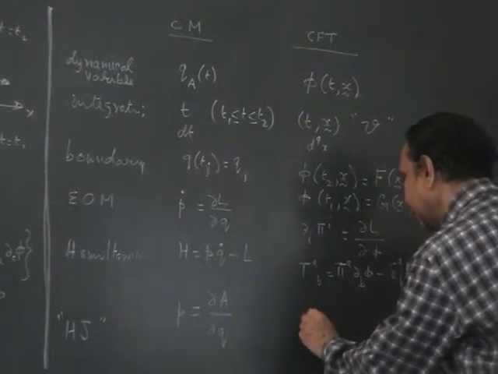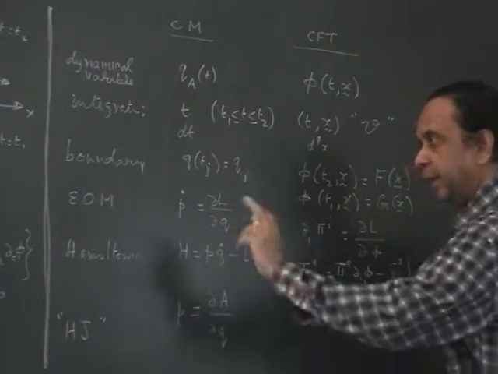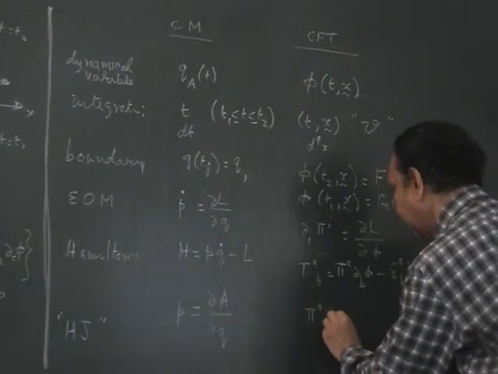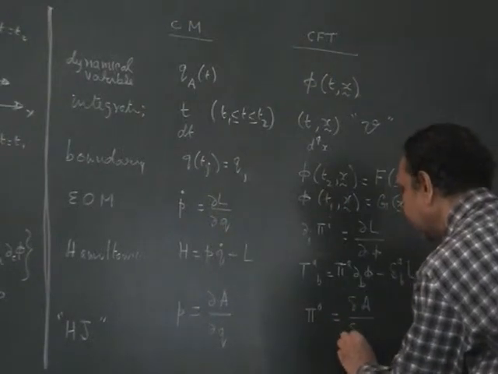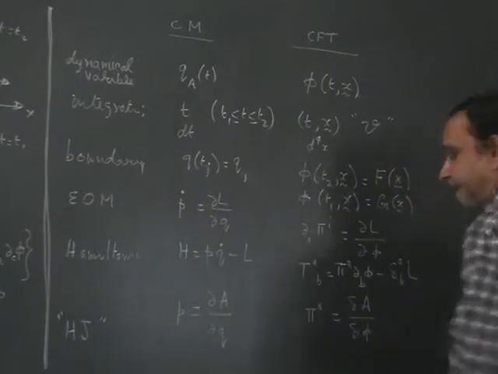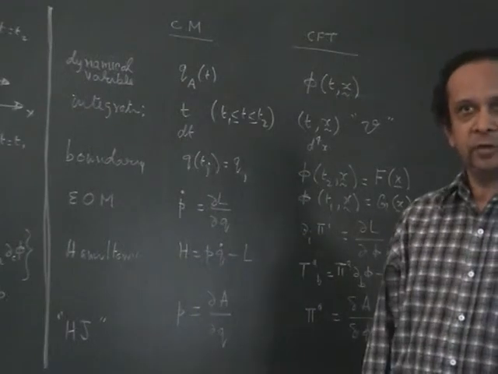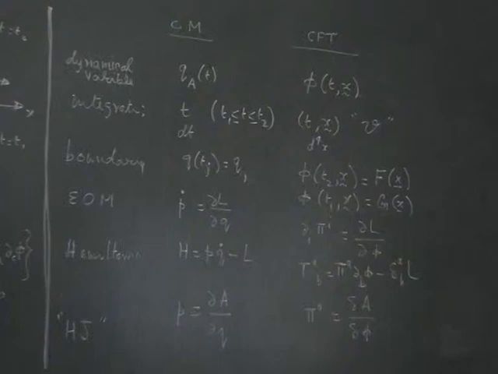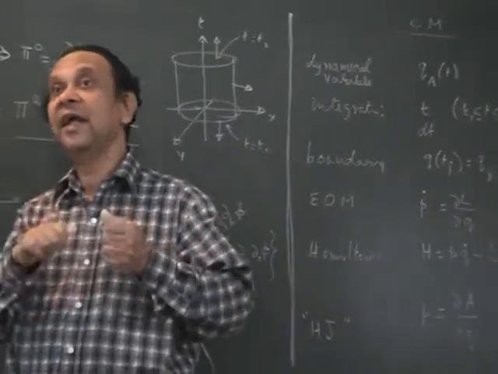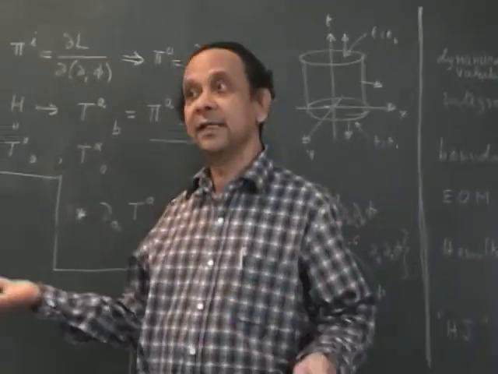Here what you get is that π^0 is going to be the functional derivative of A with respect to the field phi at the end points. But a more proper way of thinking about this is of course this. That is why I wrote down that relationship, just to guide you through, as delta A equals P delta X minus H delta T.